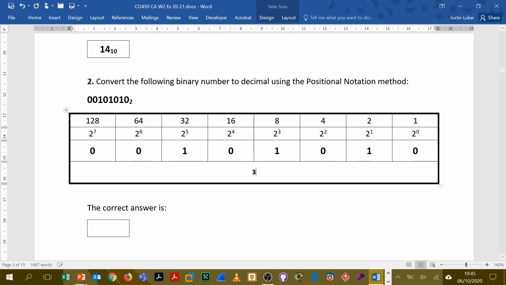So we've got 32 plus 1 under the 8 here, so 8 plus 1 under the 2, and that's it. So we've only got 3 one digits. So we've got 32, 8, and 2 to add together. So let me just make those a little bit bigger.